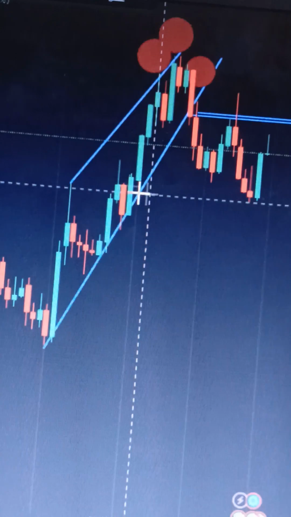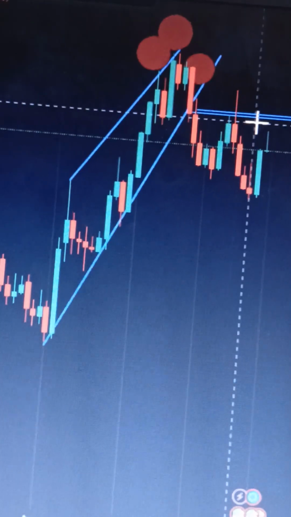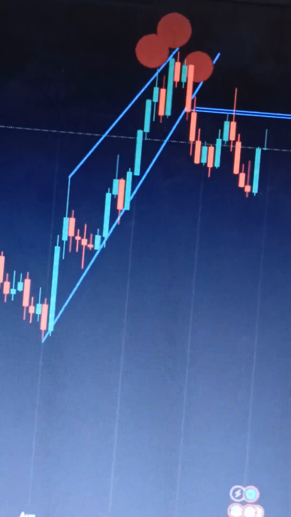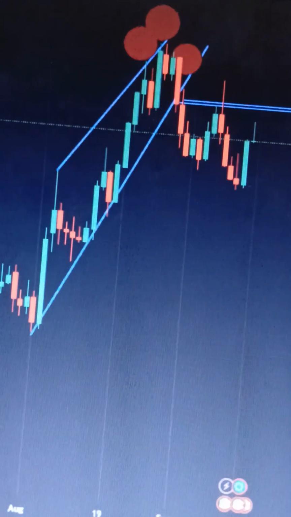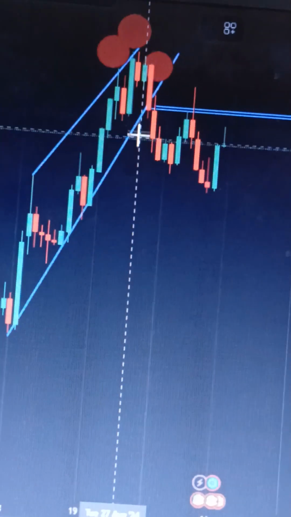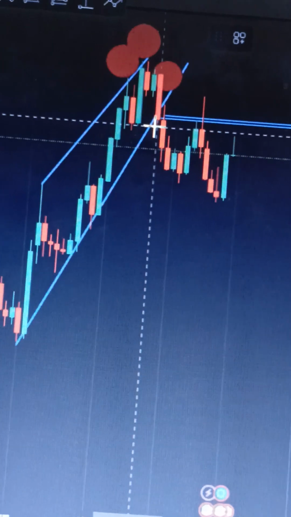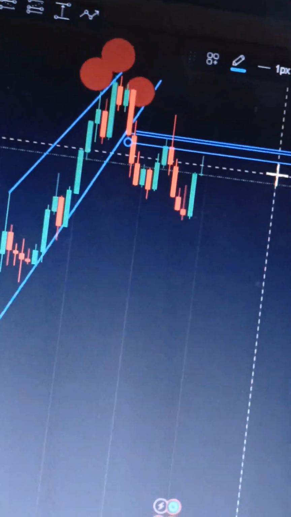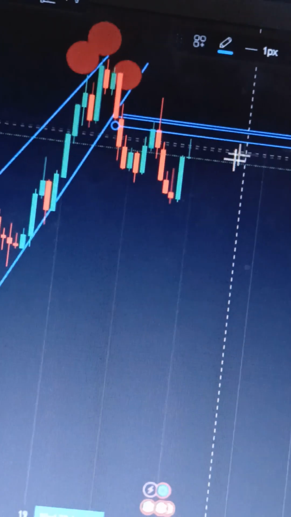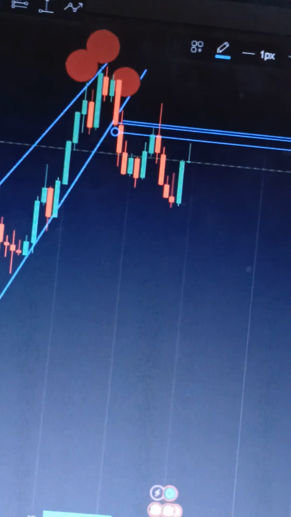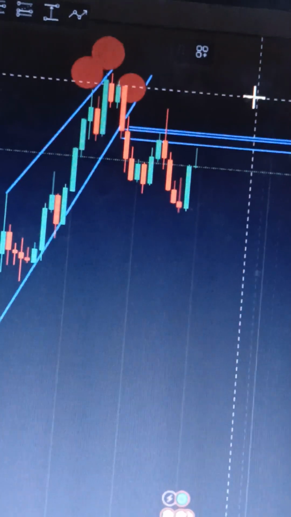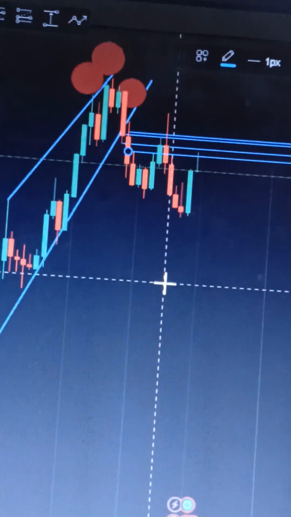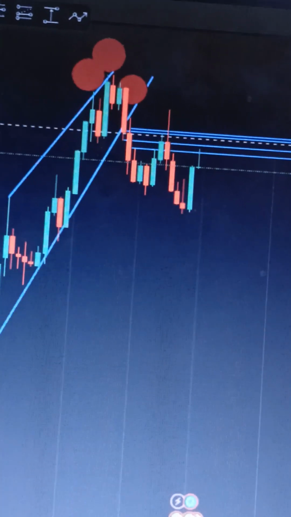If you actually look deeper, you will see that there is a three consecutive candle, and we are going to drop one below the highest candle and drop the other one at the height of the lowest candle.